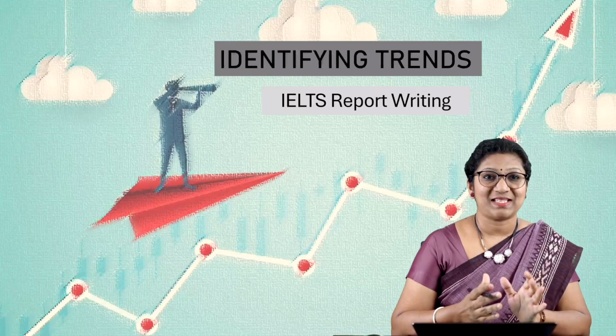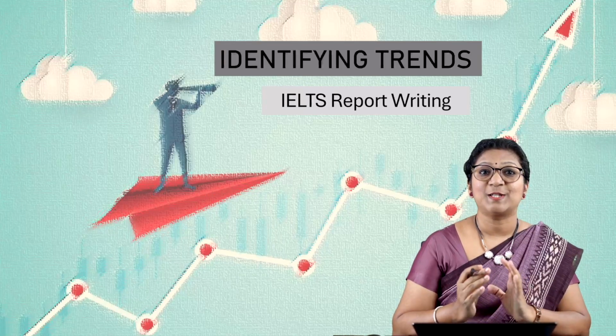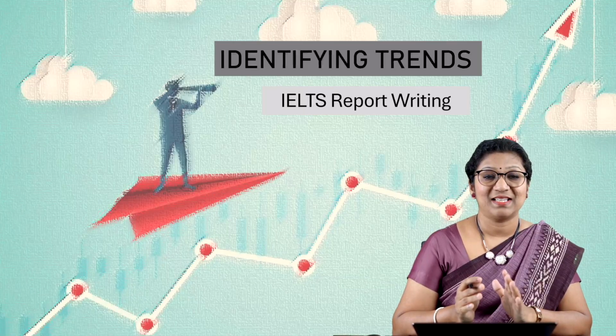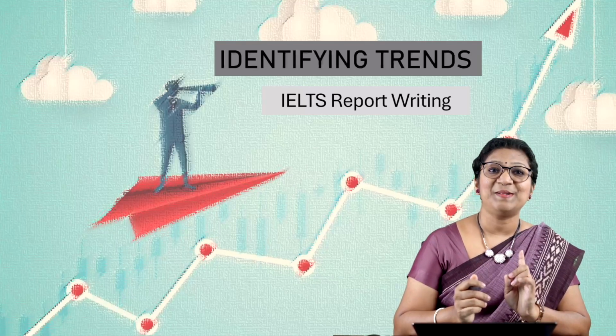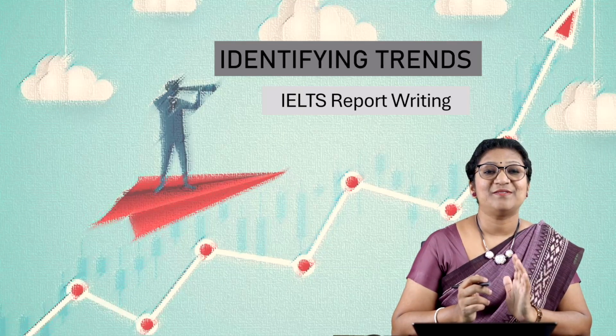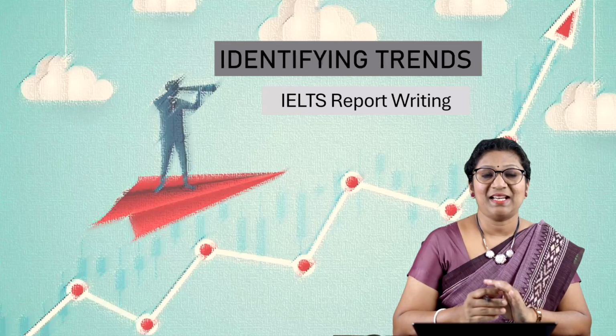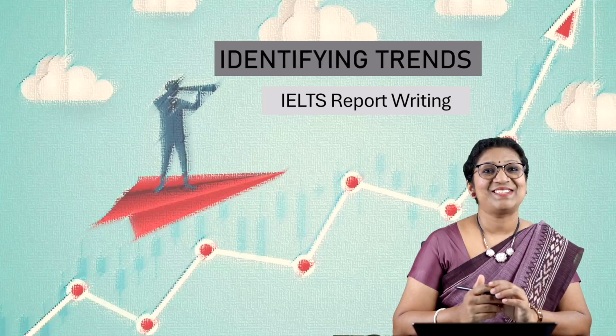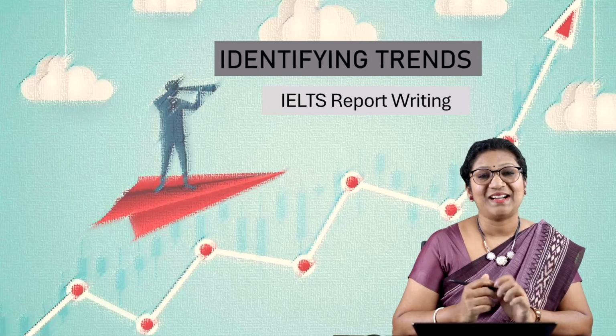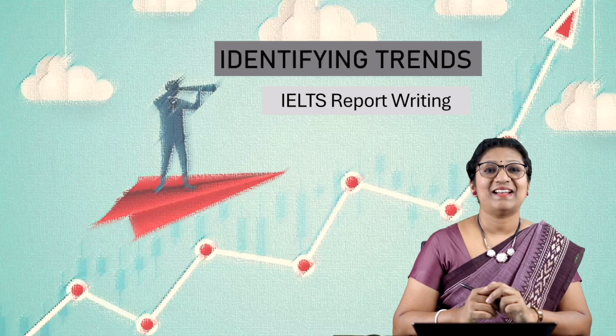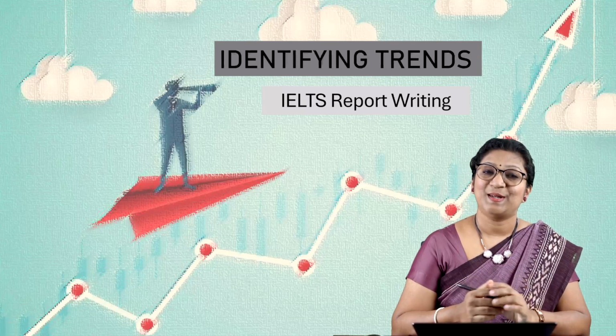How do you group these data and how do you write a report based on these? By selecting and reporting the relevant features. That is exactly what I'm going to explain in this video. So together, let's decode identifying trends in IELTS Writing Task 1 report writing.